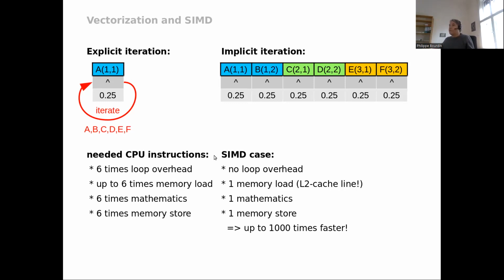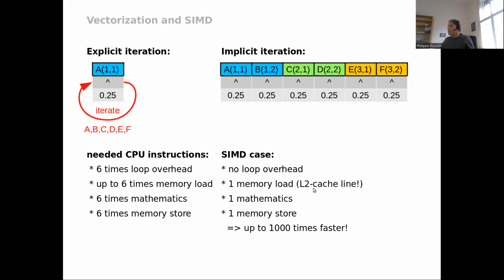On an SIMD unit, on the other hand, as you understood probably already, you have the full array on the CPU. You have the same instruction with the same operand, but multiple data. And you have no loop overhead because there is no iteration. You do it at once. You have one memory load. So that means, depends on your cache.